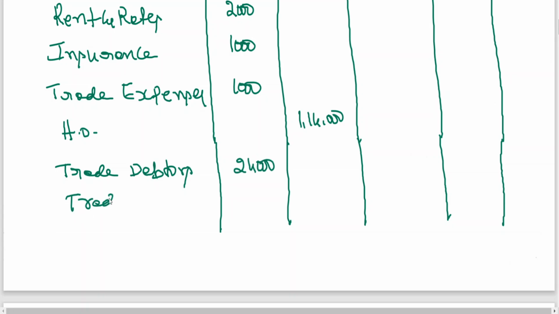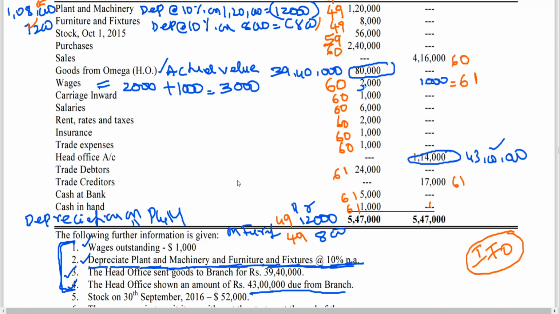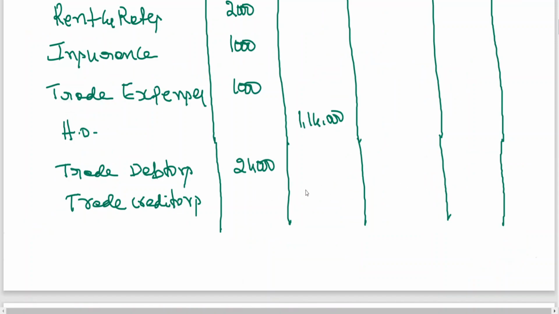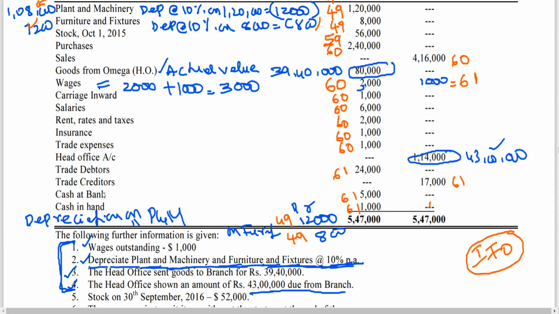Trade creditors 17,000. Okay. Then comes cash at bank 5,000. Cash in hand 1,000.